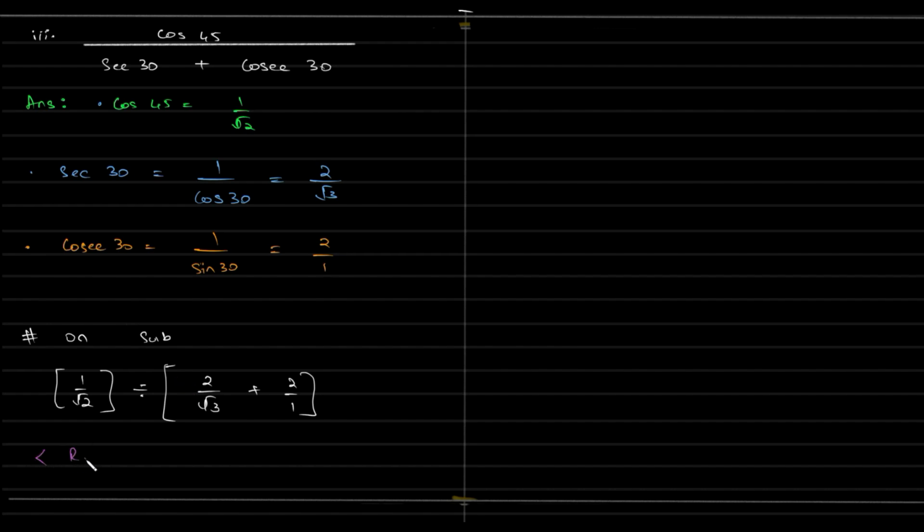Now, rationalizing the terms, because it has to do with addition, subtraction and division. So let's just rationalize. It makes the job much easier. So 1 by root 2, I'll rationalize by multiplying and dividing with root 2. And in the denominator, 1 by root 3 into root 3 by root 3 plus 2 by 1.